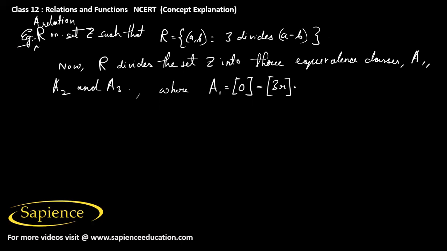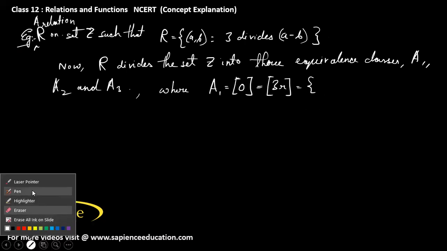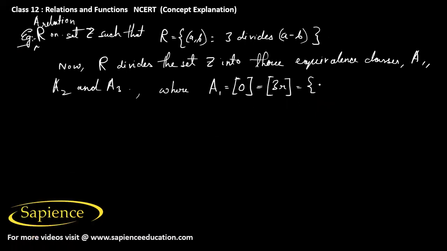It will contain 0, 3, and on the negative side also, like ..., -6, -3, 0, 3, 6, etc. So the equivalence class A1 contains all the multiples of 3, which are of the form 3r, where r belongs to Z, obviously.